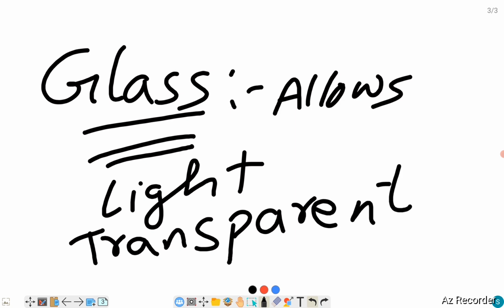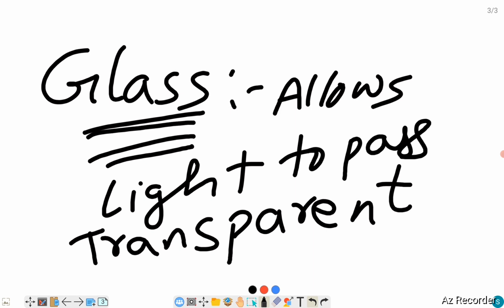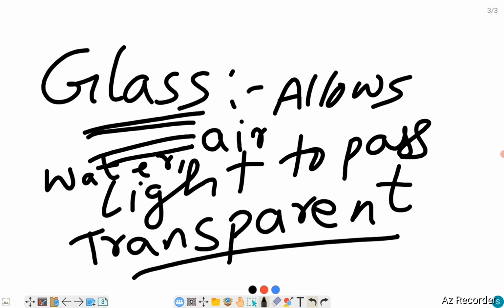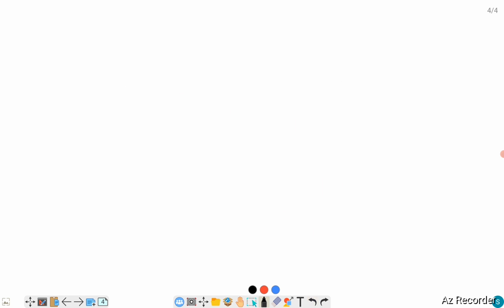Understood? So transparent objects allow light to pass through them. Examples: glass, water, air. All these are transparent objects. Okay. Some objects will not allow light completely.